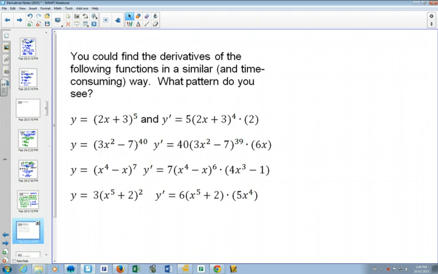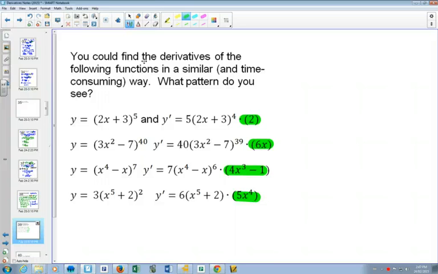And you start noticing, and you start looking for a pattern. First of all, the first pattern is easy, right? Bringing the number in front and subtracting 1, that's the same as our power rule from before. So that part is easy. But how do we get this at the end?